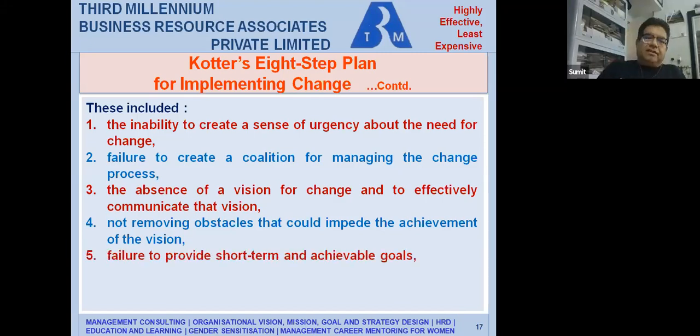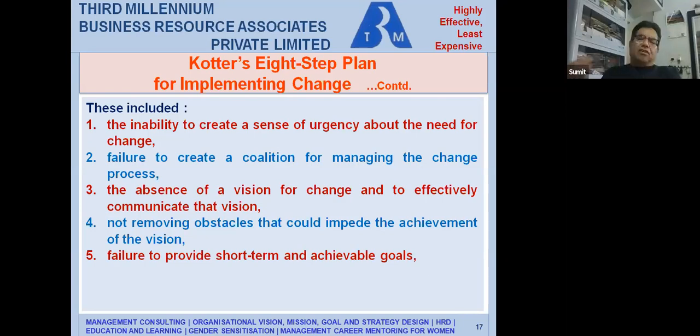Then, failure to provide short-term and achievable goals. Only a long-term goal is not enough, because people also like to see some immediate gains happening, right? This is the typical thing: if a person is doing well, you cannot wait till the time of their appraisal after one year to tell them that they have done a wonderful job.